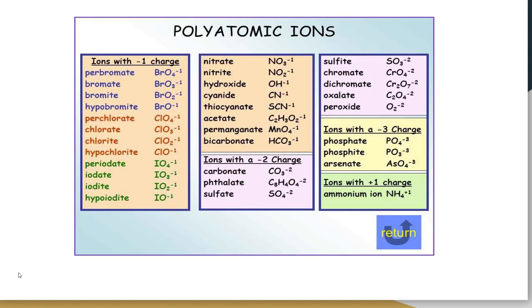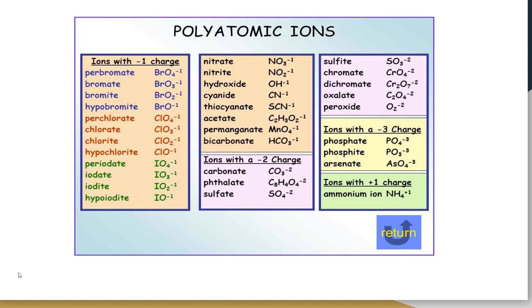If we have one more oxygen, or an O4, it becomes perbromate. But notice the charge doesn't change. It's still a -1 charge. If we look at the ate ending, which is O3, and it has one less oxygen, O2, it is bromite. If it has one less than bromite, it is hypobromite.